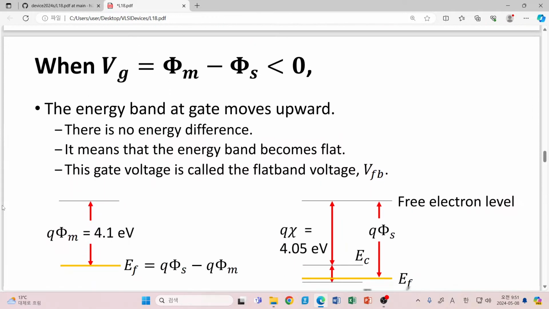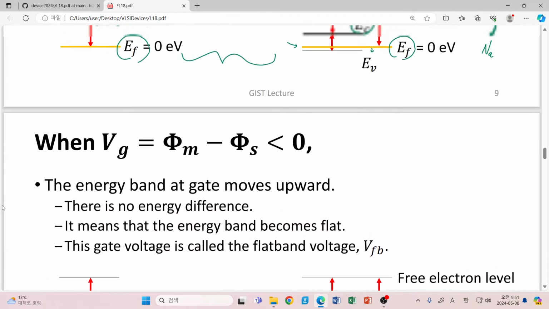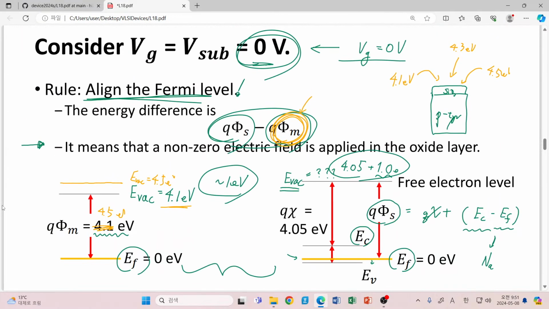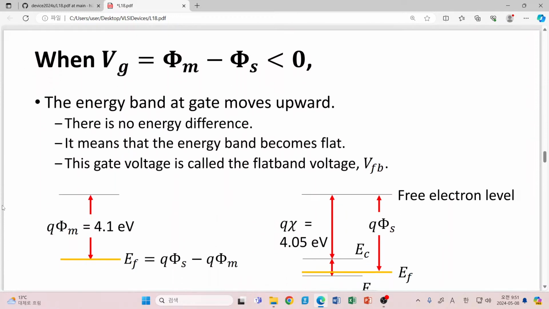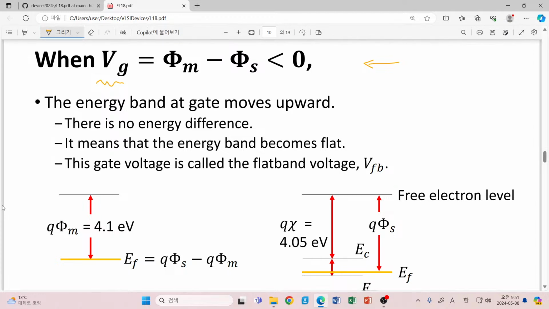Okay, so now let's go to this one. In this slide, the answer is okay. In general, when we apply 0 electron volt, we have a certain built-in potential difference. Then in the next slide, we try to find out how to cancel out that built-in potential difference. That is done by applying a certain gate voltage. Okay, please let me just repeat once again.